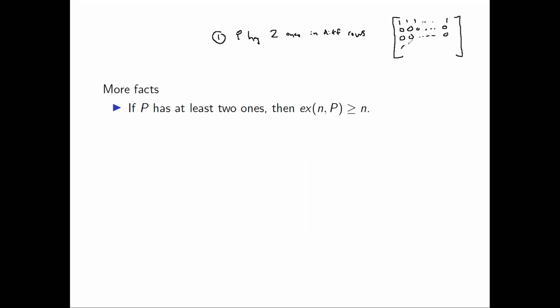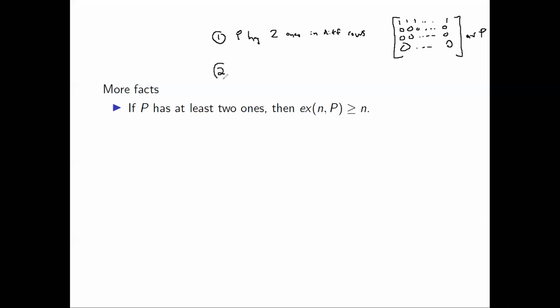And that matrix must avoid P, because P has two ones in different rows, and that matrix has all its ones in the same row, so it can't contain P. So that covers case 1.